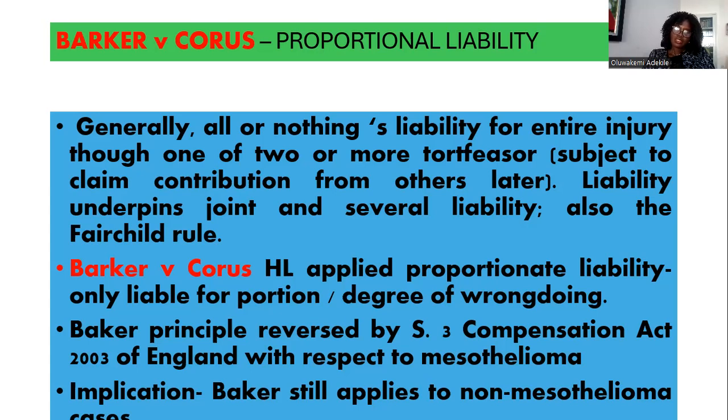So, assuming the defendant had employed the plaintiff for 20 years, and the plaintiff worked for himself for 5 years, the damages will be apportioned in that regard. And the plaintiff will only be responsible for that portion that can be ascribed to his own degree of wrongdoing.